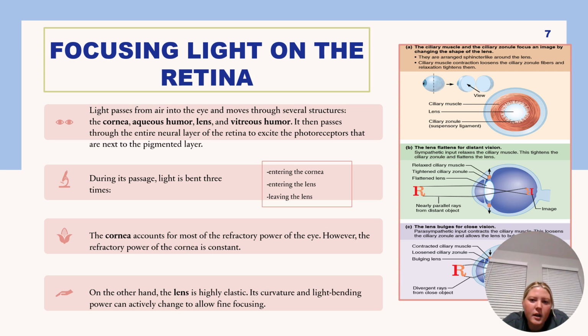For close vision, the eye has to make adjustments to restore focus. 3 processes must occur: accommodation of the lenses, constriction of the pupils, and convergence of the eyeballs.